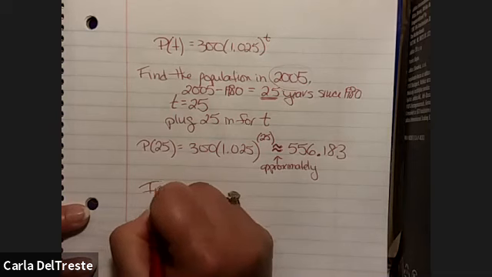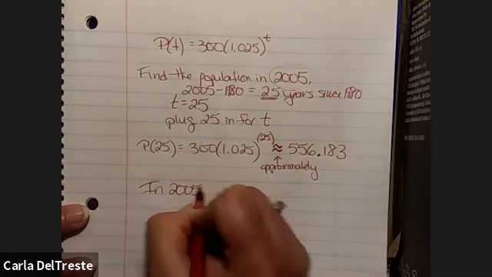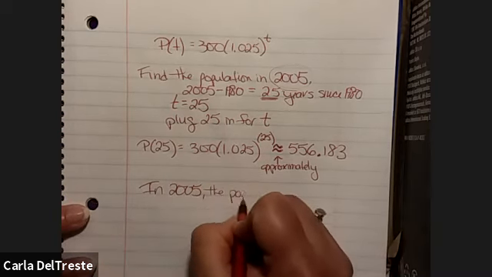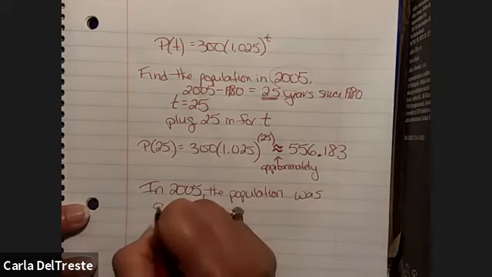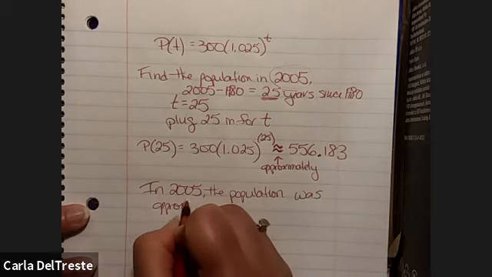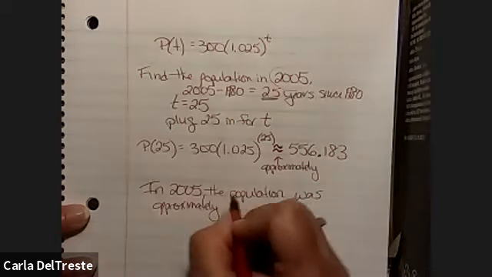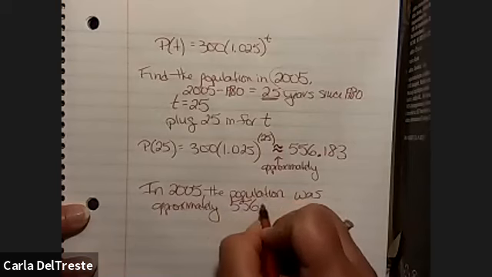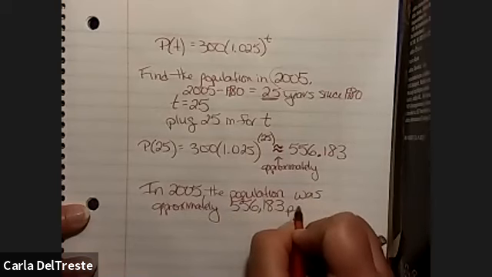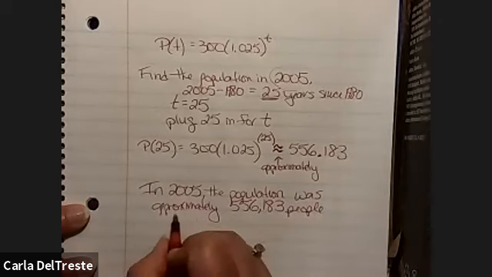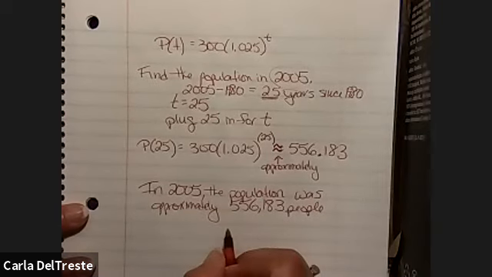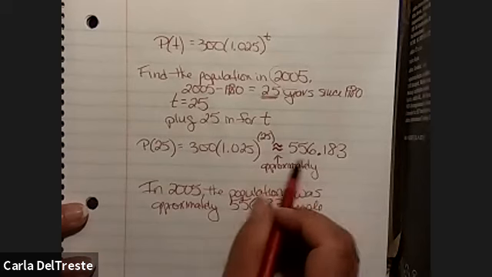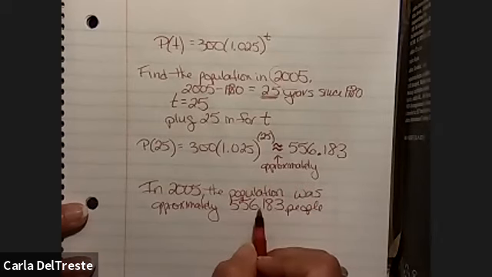In 2005, the population was approximately 556,183 people. And I'm using the word approximately even in my written response, even in my sentence, because I still rounded that number. It's not exactly this number, okay, but we're rounding it to that number.